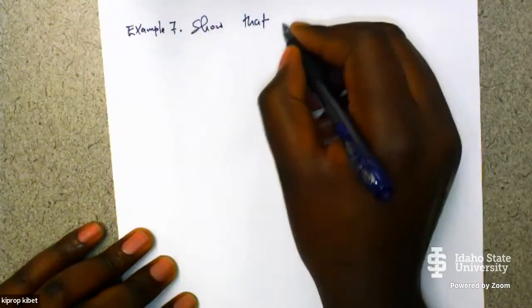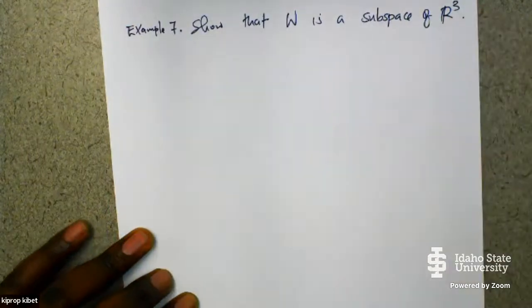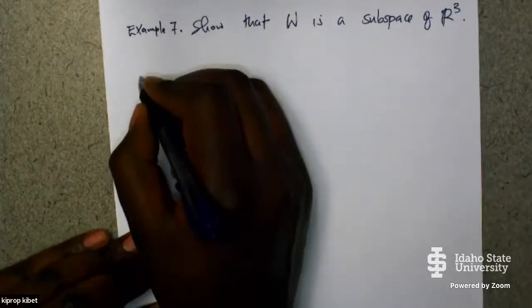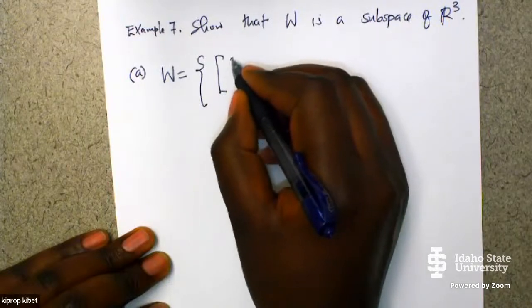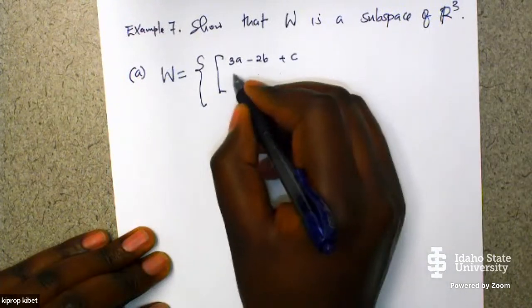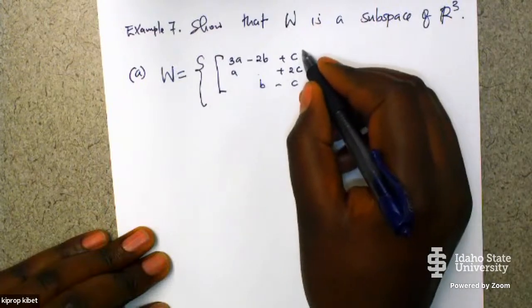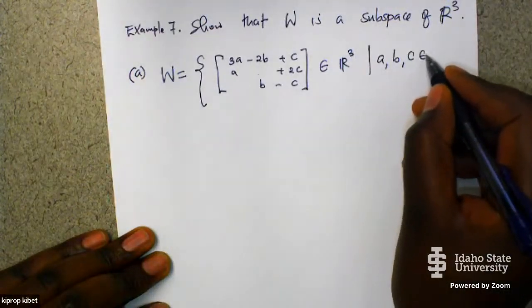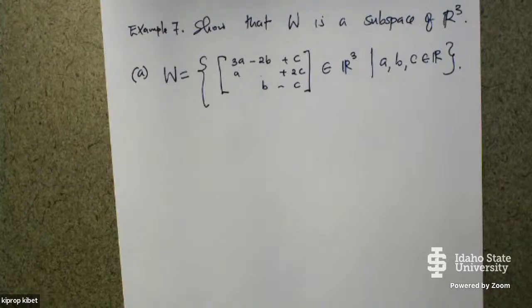Show that W is a subspace of R3, if W is equal to the set of vectors (3A minus 2B plus C, A plus 2C, B minus C) in R3, such that A, B, and C are elements of the real numbers.